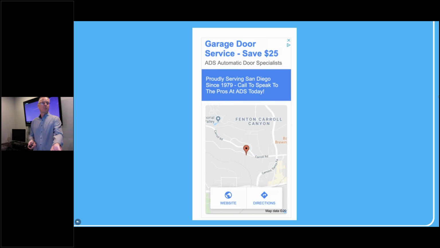So it can be very helpful for certain types of businesses to drive traffic to their physical location. It shows their website, and someone can get directions to visit your business. I've also seen these ads that have the phone number on them as well.